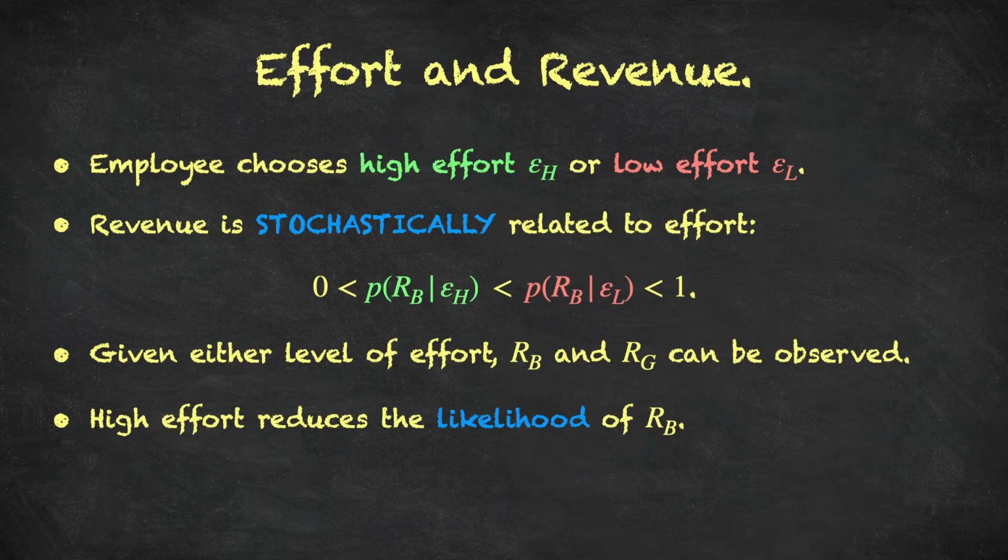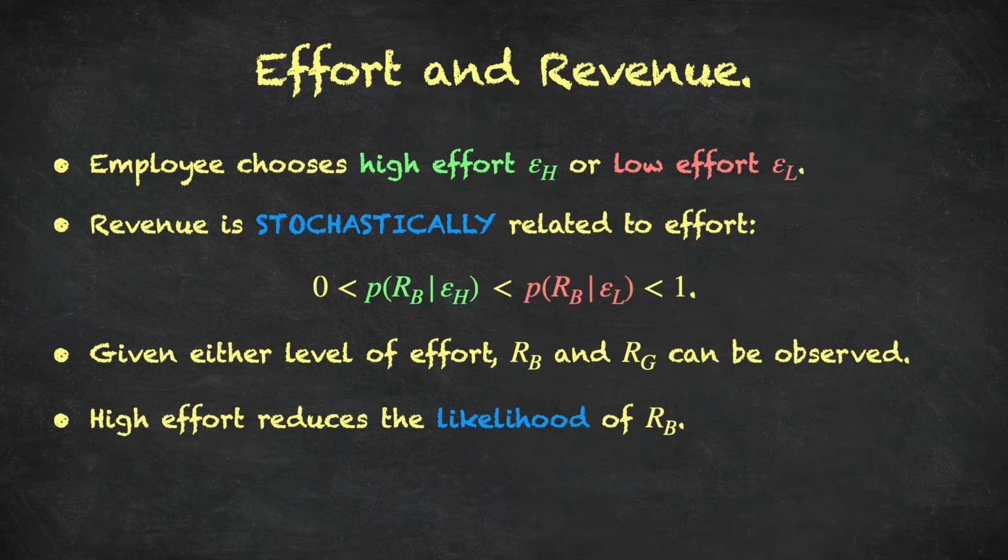If the employee accepts the wage contract offered by the employer and comes to work for the day, we're going to imagine that the employee can choose between two levels of effort. So the employee can choose to exert a high level of effort or exert a low level of effort. Now, later on, as we study different cases of information, we're going to make different assumptions about whether this level of effort is observable.